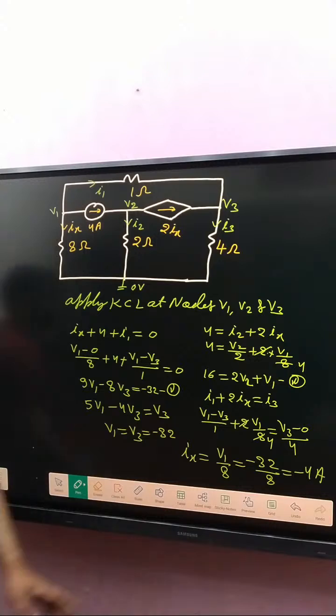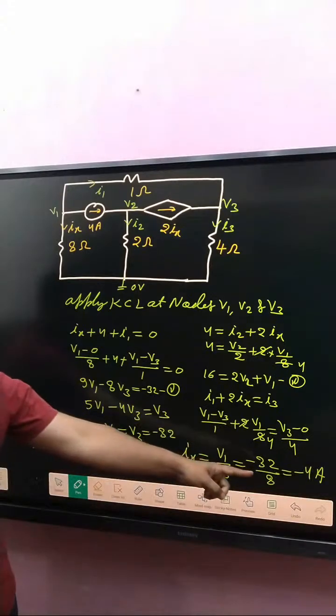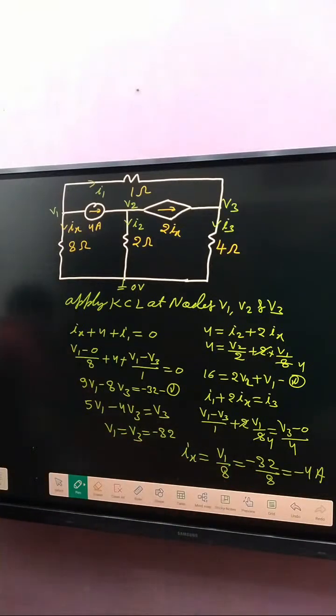Okay. So a final silly mistake here. We got Ix is minus 4 ampere. If anyone faced a problem in any step, then comment it.